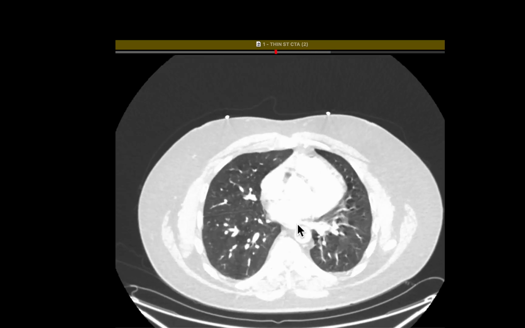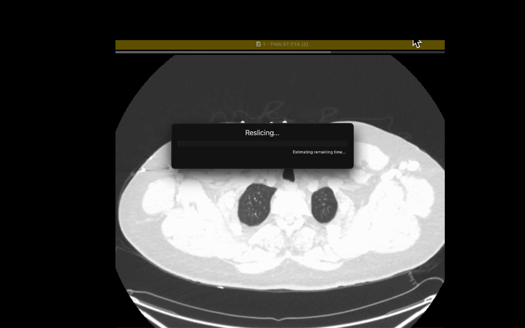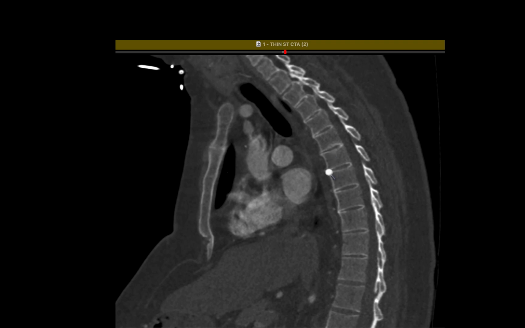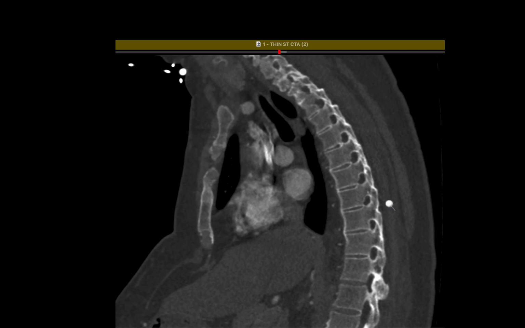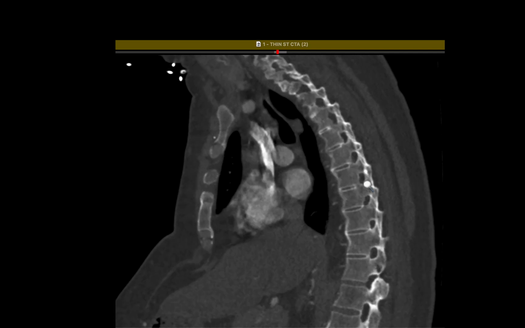If we look at the lung parenchyma, there's really nothing to explain the abnormality. We'll do a sagittal reformat, and we can see there are those syndesmophytes. They're not very well formed, but we can see that fusion along the facet joint articulations and then further out into the ribs.